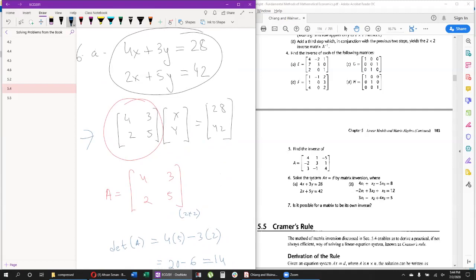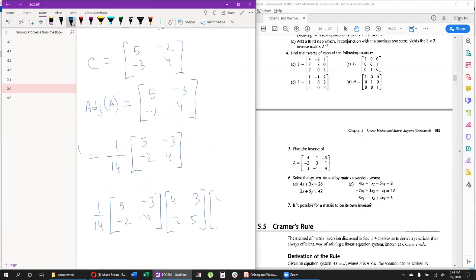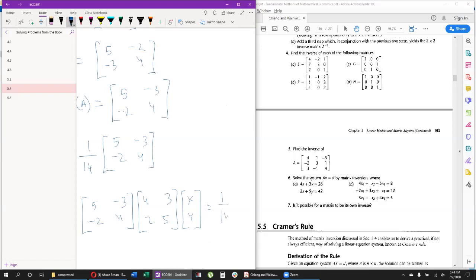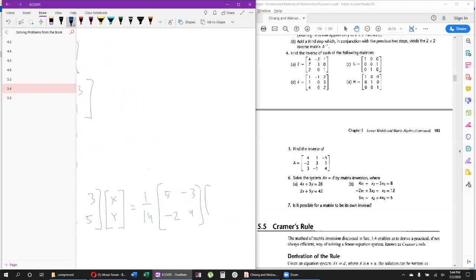So what we have is 4, 3, 2, 5, times x and y. And on this side, we're going to be multiplying both sides with this. So we put this down. We had 28 and 42.